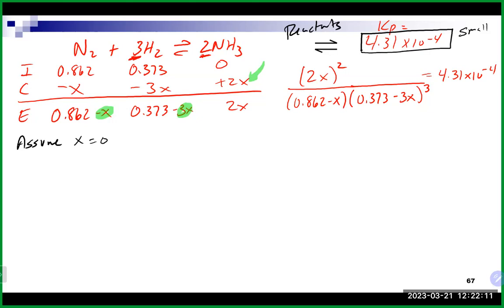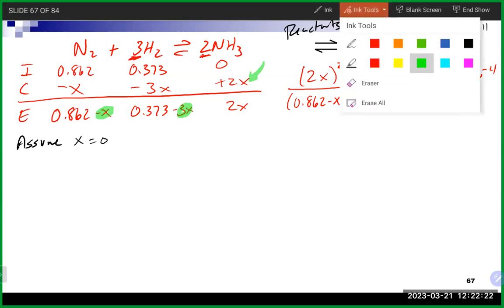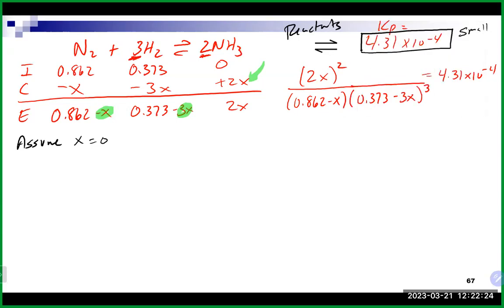In terms of our reactants, because we're actually starting with something there, the change is going to be relatively small. So that's going to make this math hopefully a little bit more manageable. If we assume that x is equal to 0, that will give us basically 2x squared divided by 0.862 times 0.373.